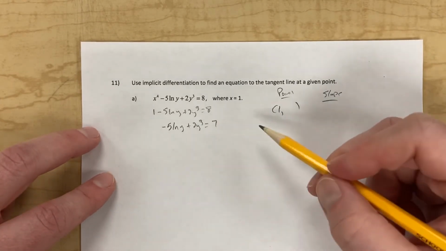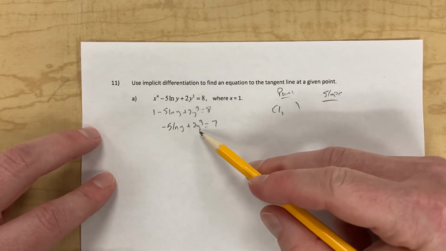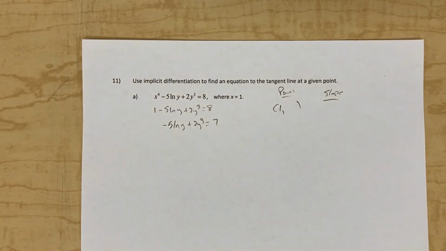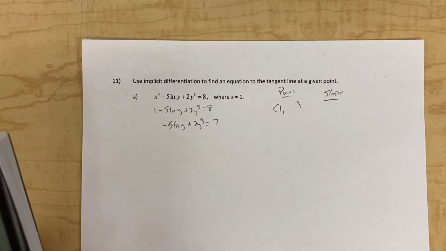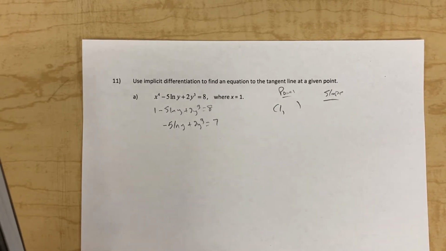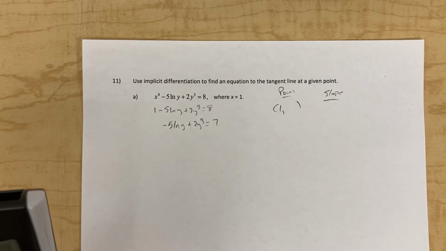Okay, now at this point, I really don't know anything algebraically that would help us do that. We're going to have to use a calculator. So I'm going to grab a calculator, go to y equals and put negative 5 natural log of x plus 2x cubed.